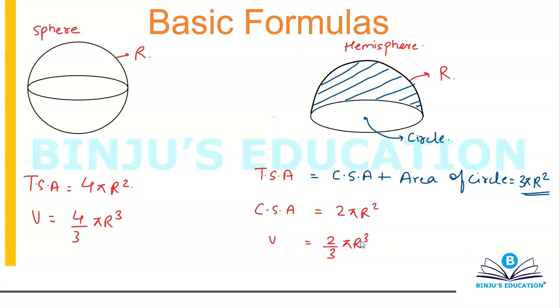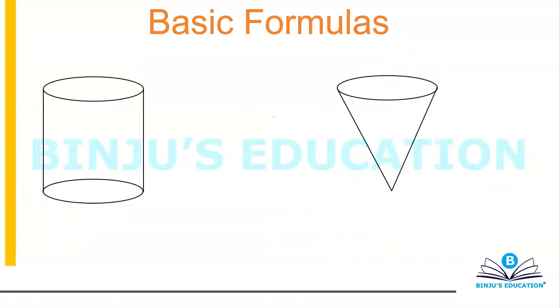Okay, let's move on to the last two figures. The first one is the right circular cylinder, and the second one is the right circular cone. I'm intentionally using the word right, because the angle between any two dimensions is equal to 90 degrees.